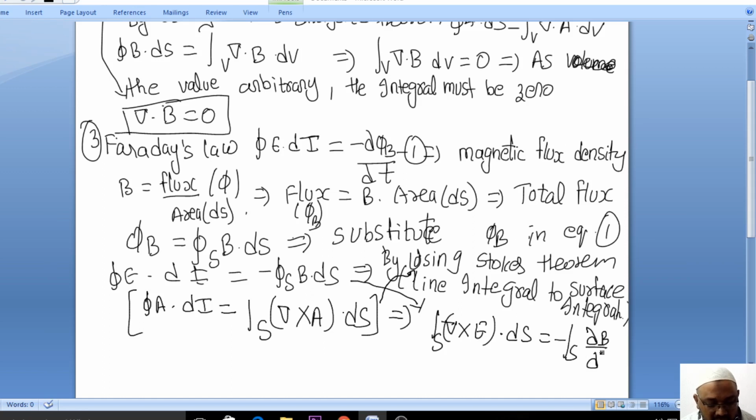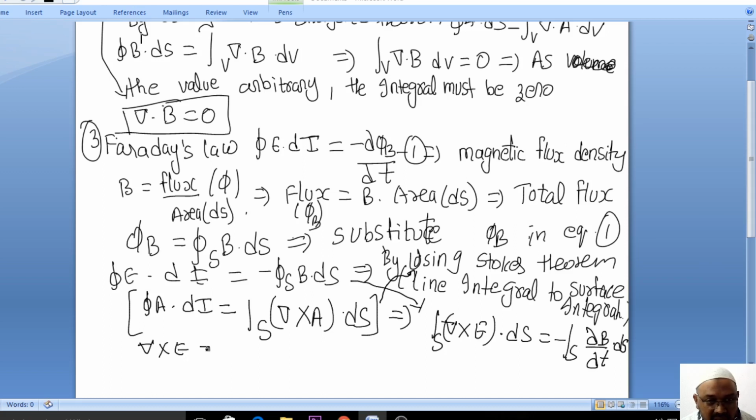Now you can see it was dou phi B by dou t, into ds. The surface integration on both LHS and RHS will get cancelled.